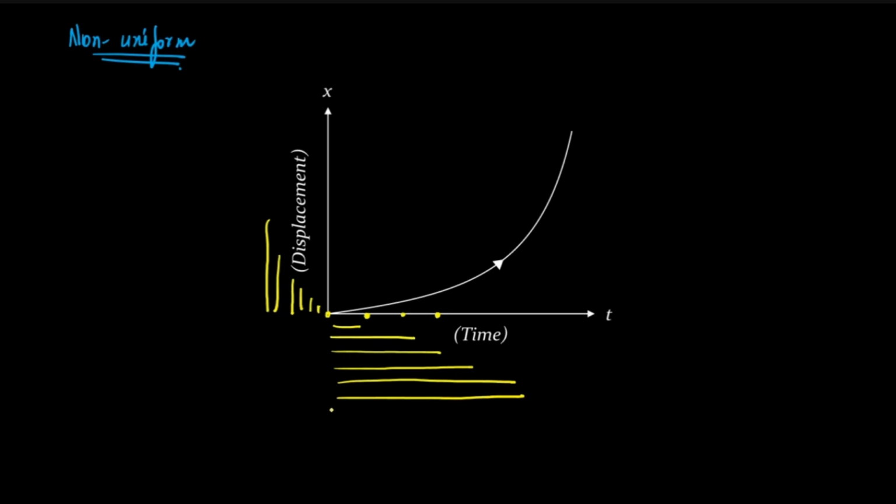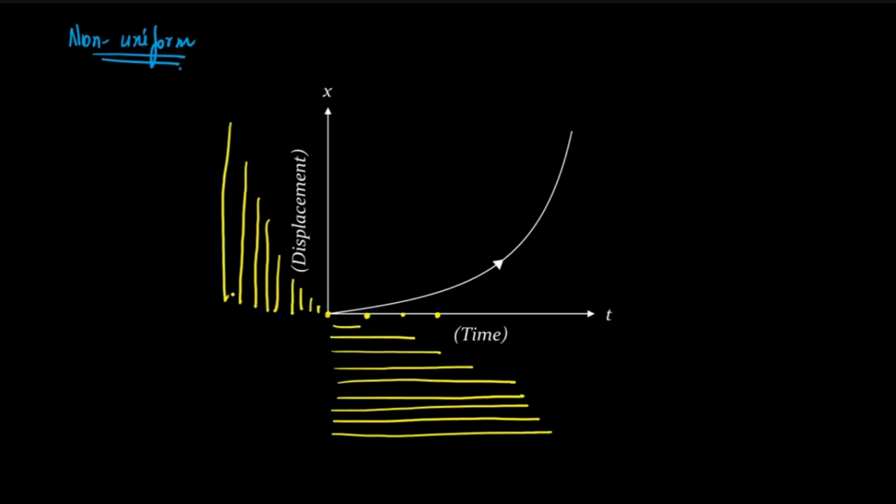So you can see that later on, in a small time also, the particle is covering more displacement. So this shows that both of them are not proportional, to be precise. So this is representing non-uniform motion.